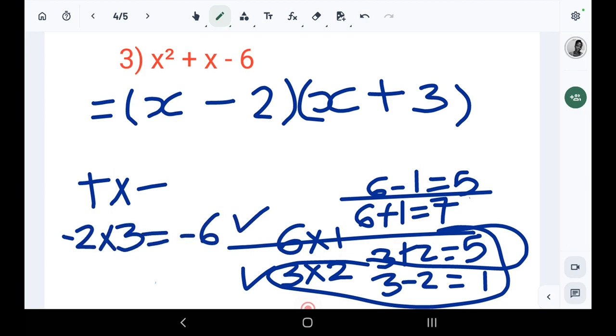That checks out. Now let's check if the middle term gives us 1. 3 minus 2 gives us 1. Yes, the middle term checks out as well. And so that is the correct answer: x squared plus x minus 6 equals x minus 2 times x plus 3.